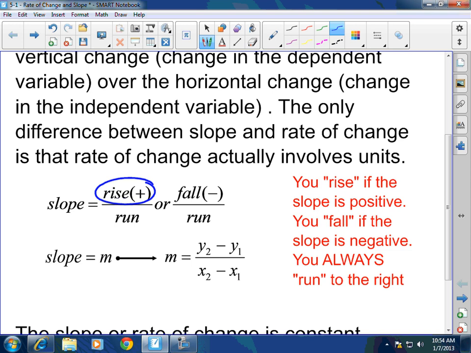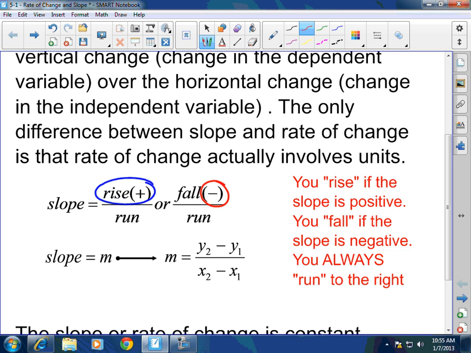Whenever we're dealing with reading a linear equation, or any function for that matter, we're always going from left to right. So when I'm going up from left to right, I have a positive slope. Going up, so it's a rise. When I have a negative slope, I'm going down from left to right.